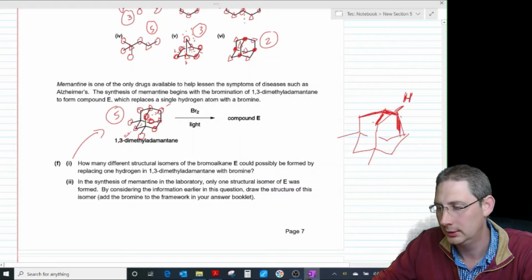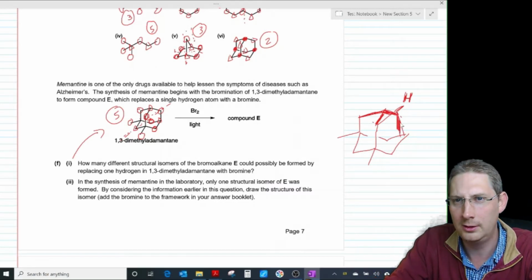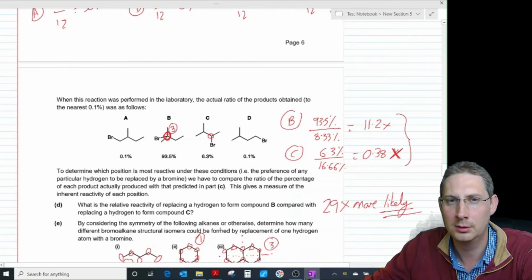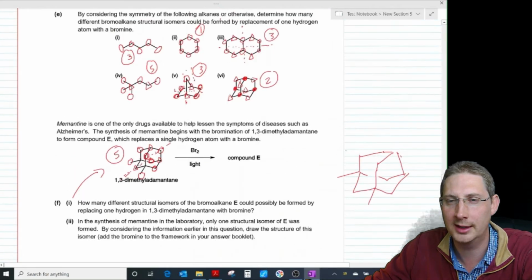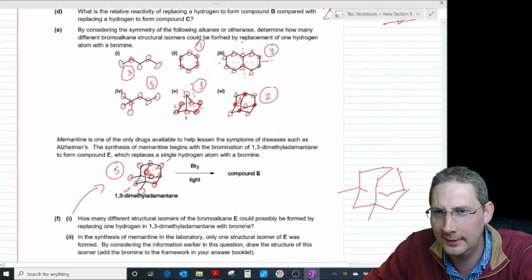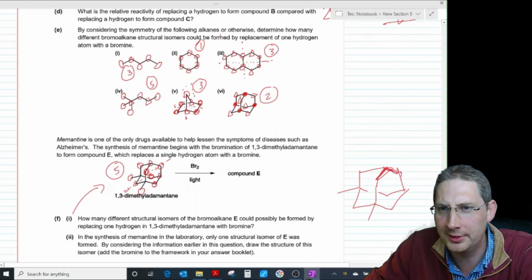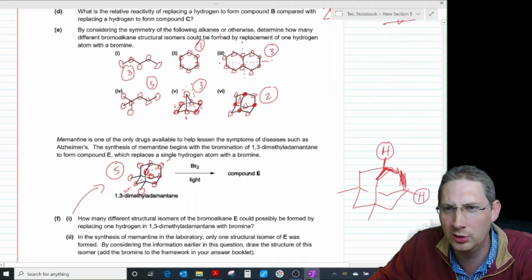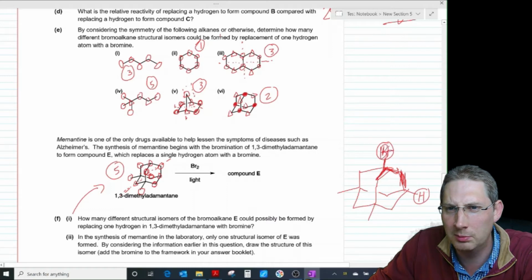Okay, let me get rid of that. Oh dear. Okay, anyway, so let me try and correct this drawing down here, and then that comes there and there. This here, I think this would be the hydrogen that would be removed and turned into bromine.